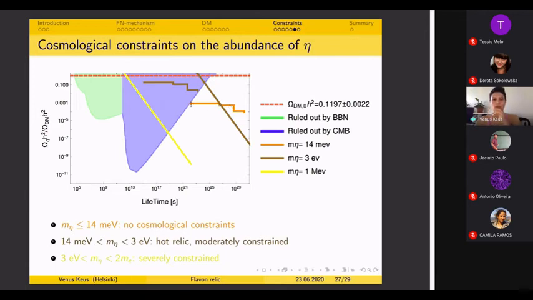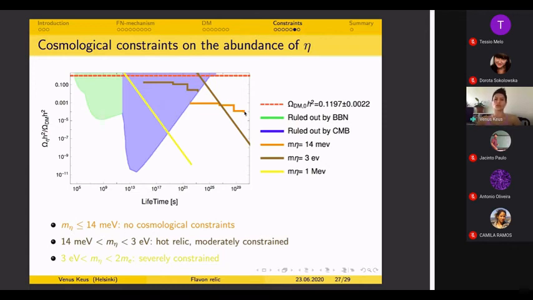Let me remind you that any VEVs, or any lifetimes which translate to a VEV of the flavon smaller than this value, are ruled out by the non-observation of CLFV processes, right? So any VEV less than this value, your model isn't constrained by any cosmological data.